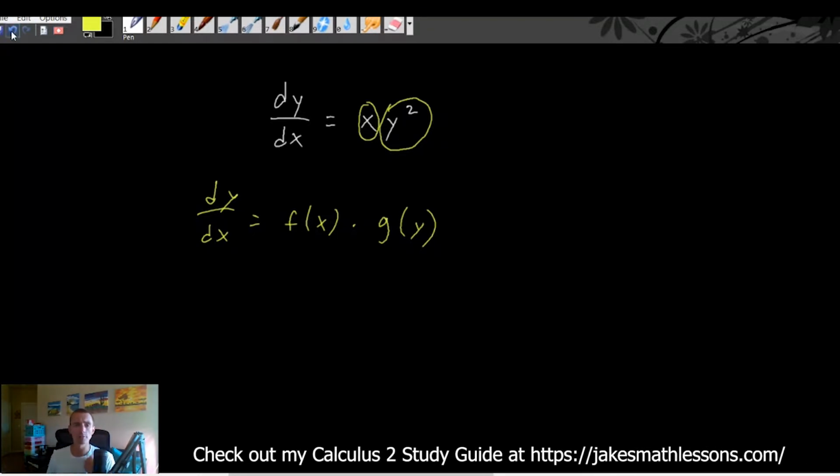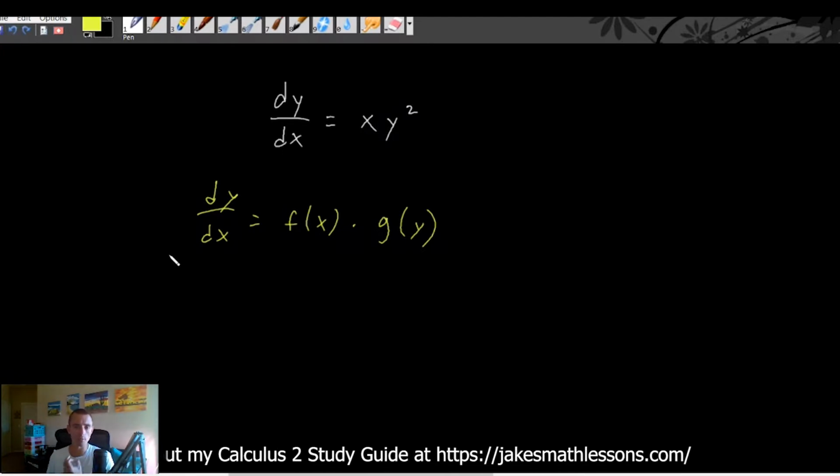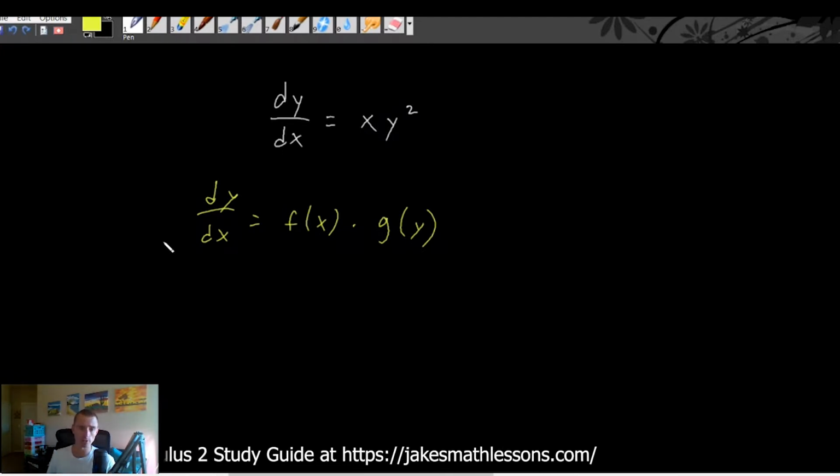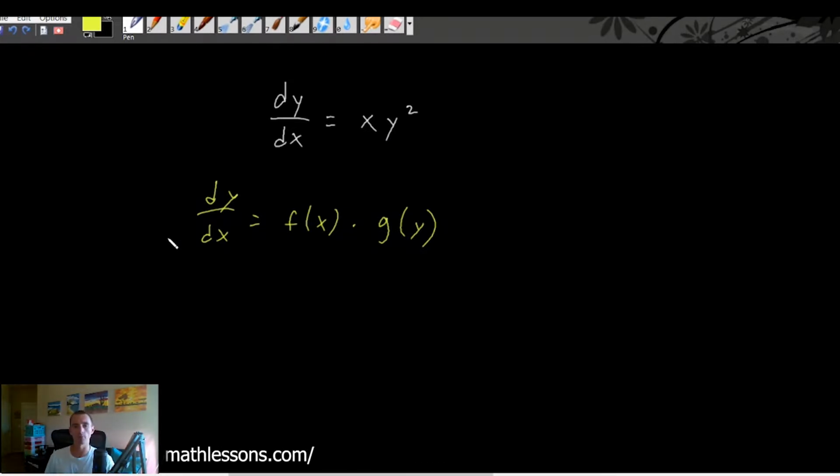So we actually don't have to do any work for the first step of solving a separable differential equation, to get it into the necessary form, because the problem gave us something already in the right form. So we already know that this is going to be a separable differential equation because it's already given to us in the form that we want.